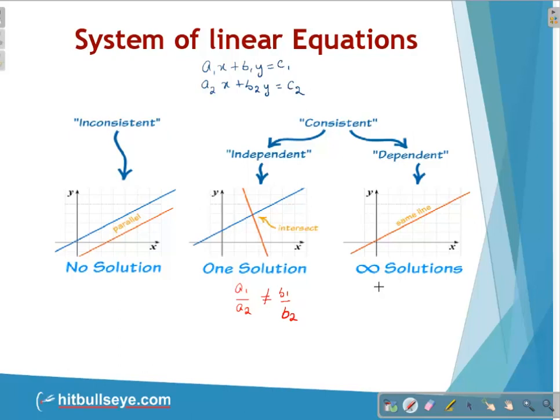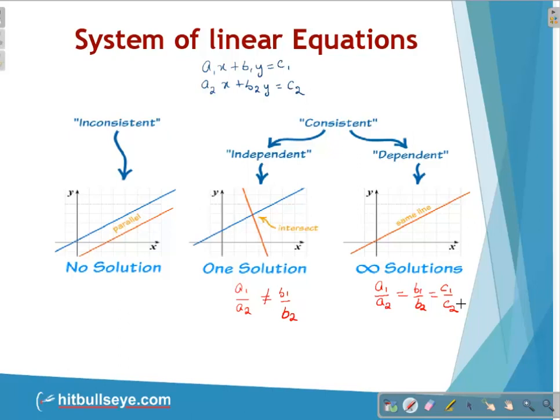But if a1 by a2 is equal to b1 by b2 is equal to c1 by c2, that means the three ratios of the coefficients and the constants are equal, then the equations become the dependent equations. In this case, we'll have an infinite number of solutions.